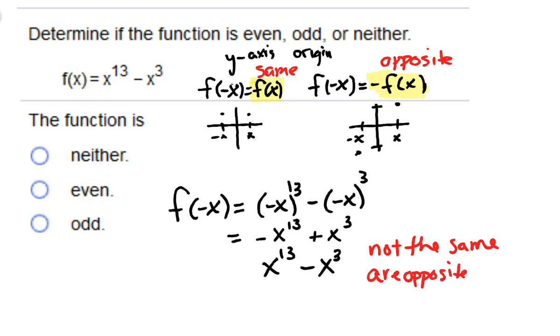So because our calculation of f of negative x came out to be the opposite of the original function, we're going to categorize this as an odd function.